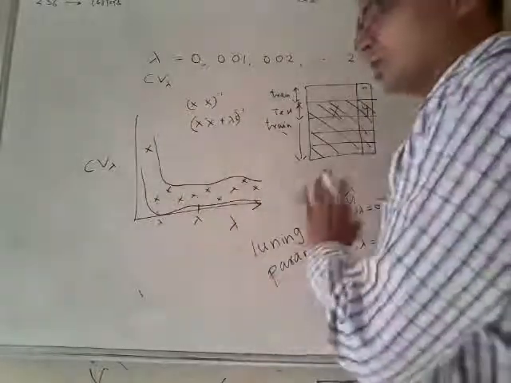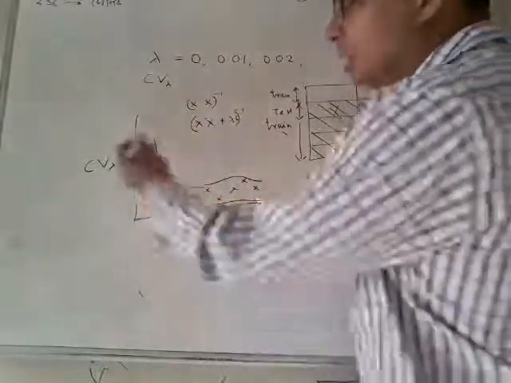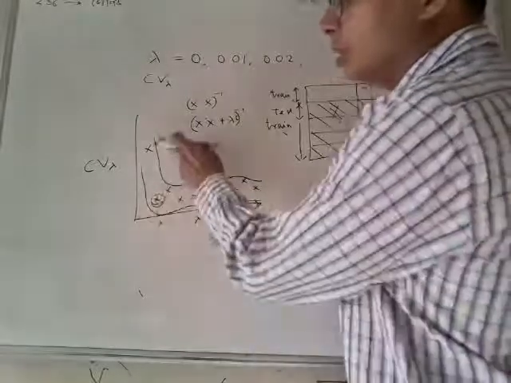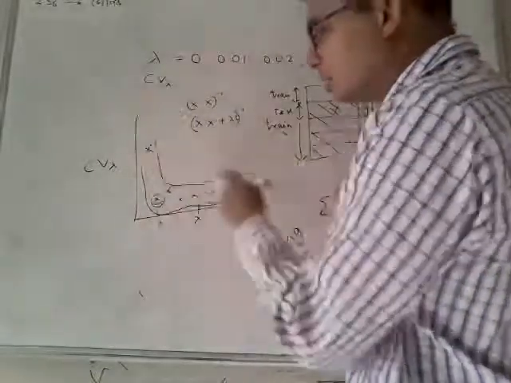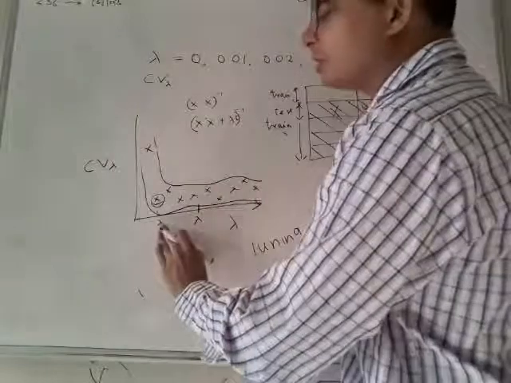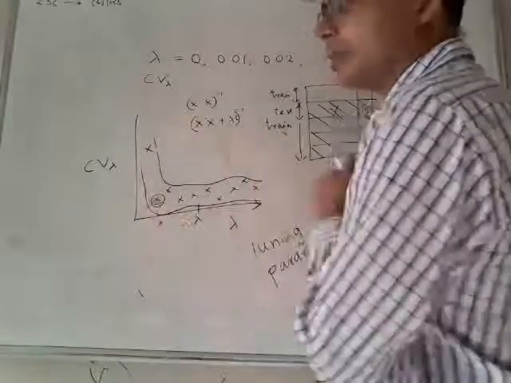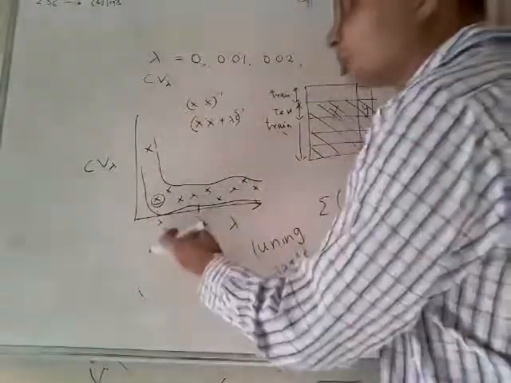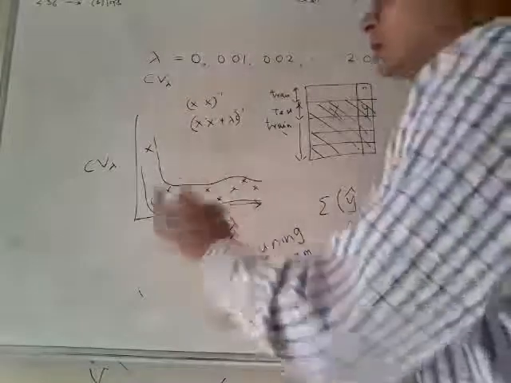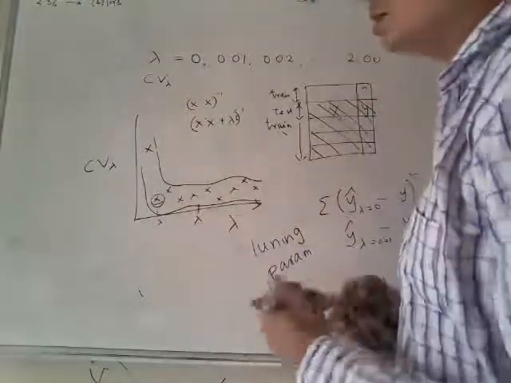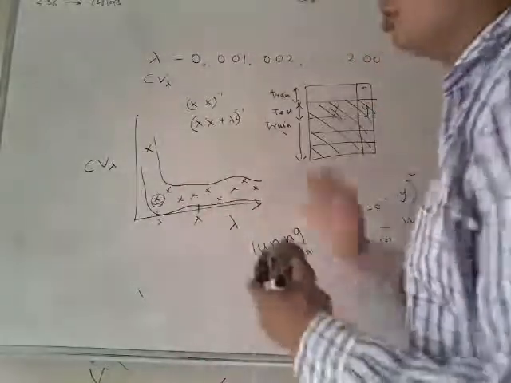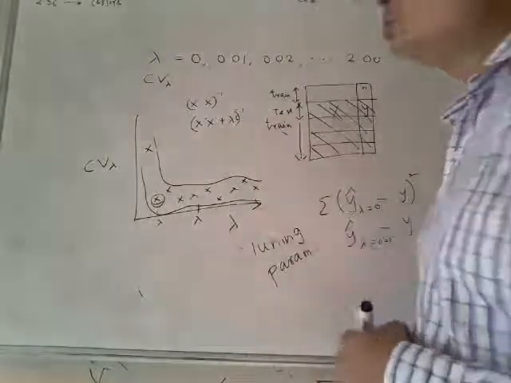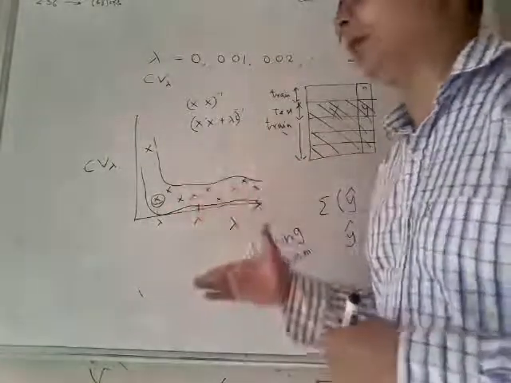But all these things are just heuristics. Ideally, go for this one, because this is definitely bad. All these things are more or less the same. Go for the smallest among them. This is the thing: how exactly do you choose the value of lambda? There are different heuristics. None is actually better than the others. So they are all comparable. So this is how you choose the value of a tuning parameter.